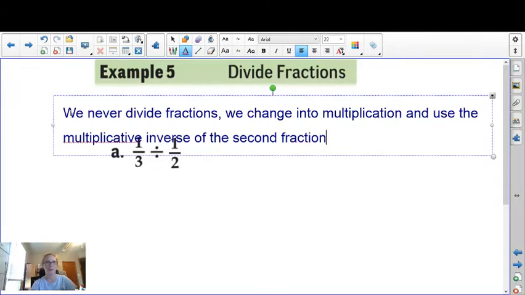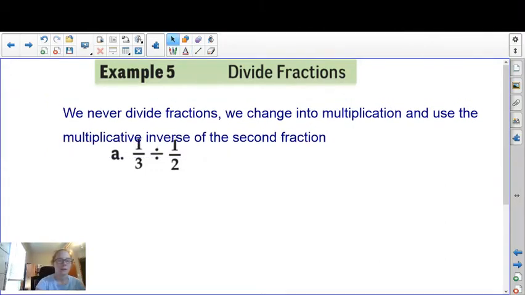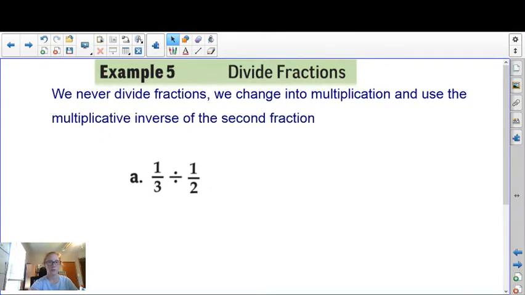So we never divide fractions, we change into multiplication and use a multiplicative inverse of the second.